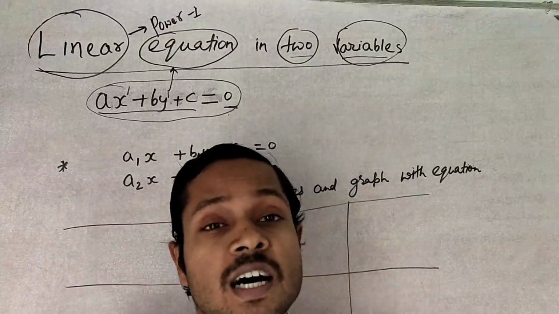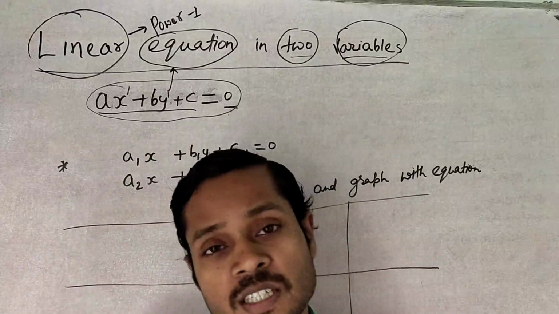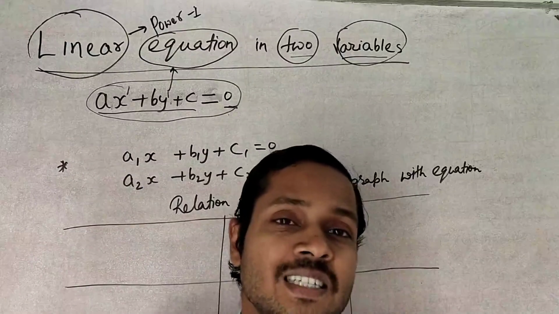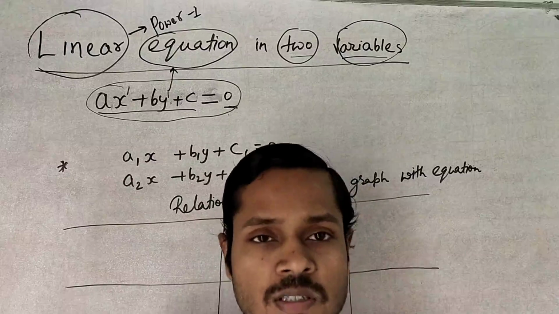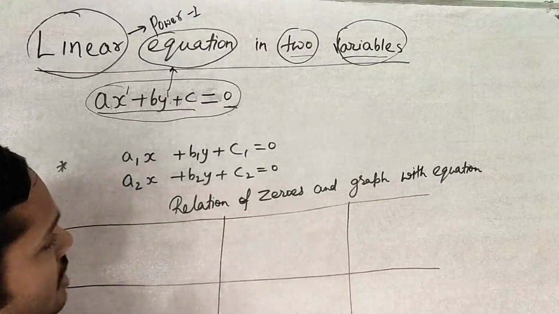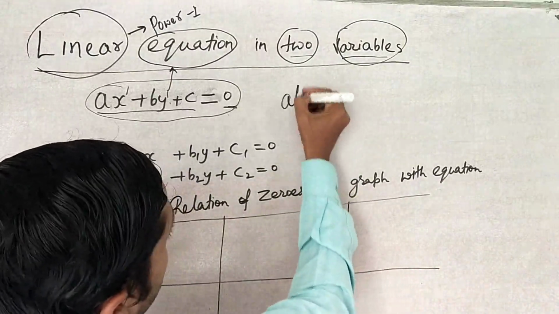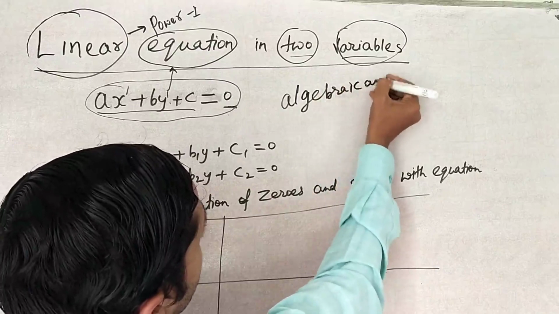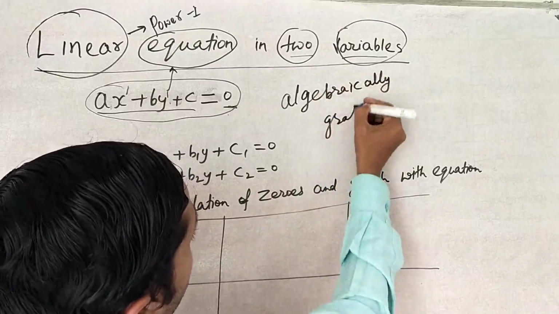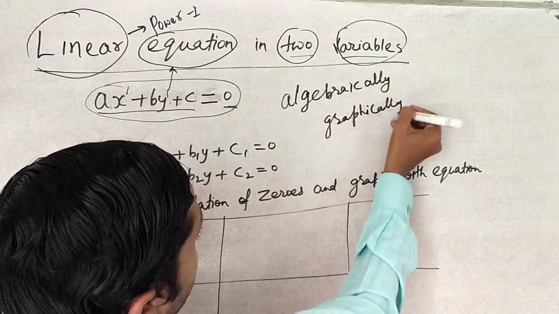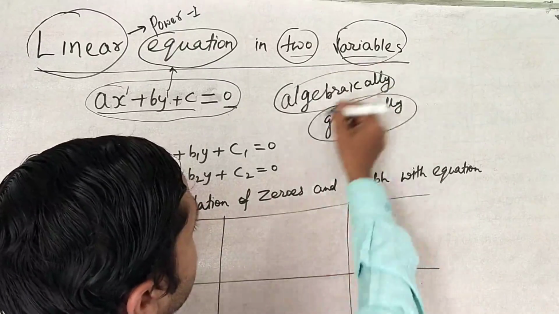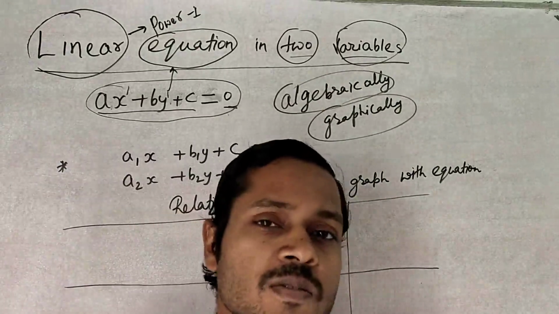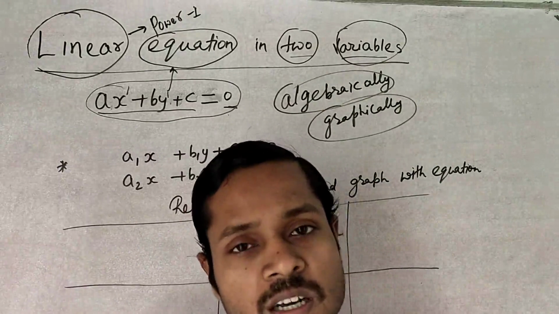You have completed the topics in the 9th class that every type of equation can be represented in two ways: one is algebraically, and the second one is graphically. Every type of linear equation, and any type of equation, can be expressed algebraically and graphically.